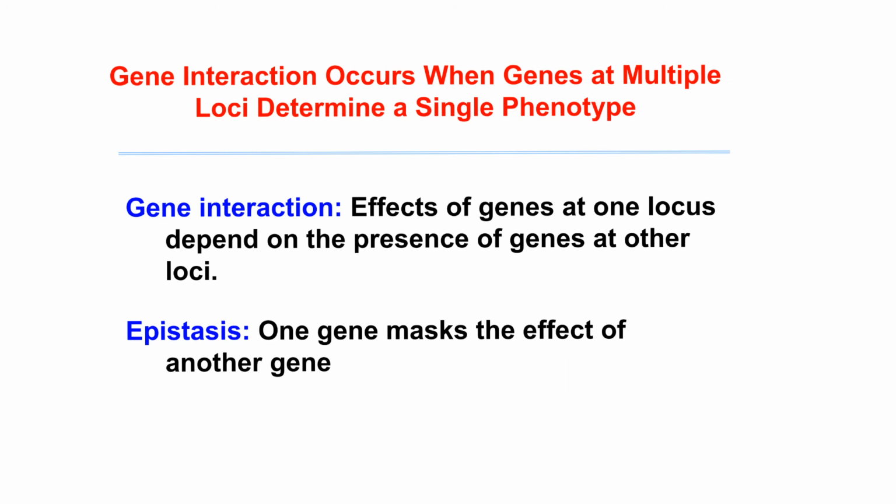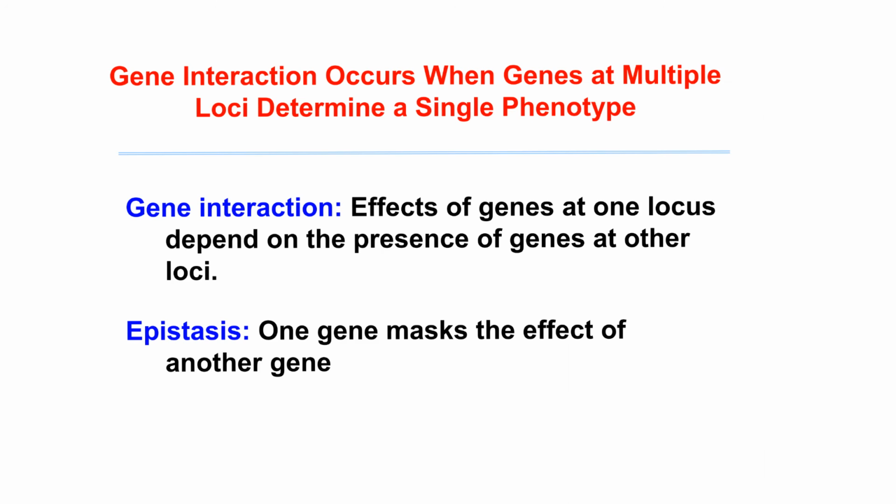They can be simple gene interactions, when two genes form one phenotype, and we will talk about, let's say, the color of pepper, or they might be in an epistatic relationship where one gene masks the effect of another gene.